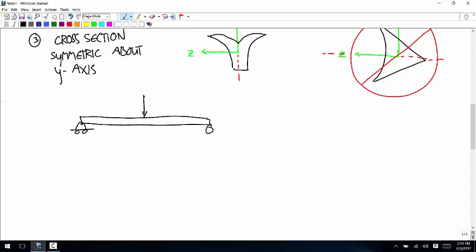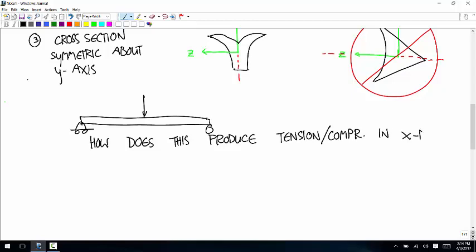So how does this produce tension or compression in the x direction? Remember, the x-axis has to be along the beam's axis, so this would be x, this would be y.